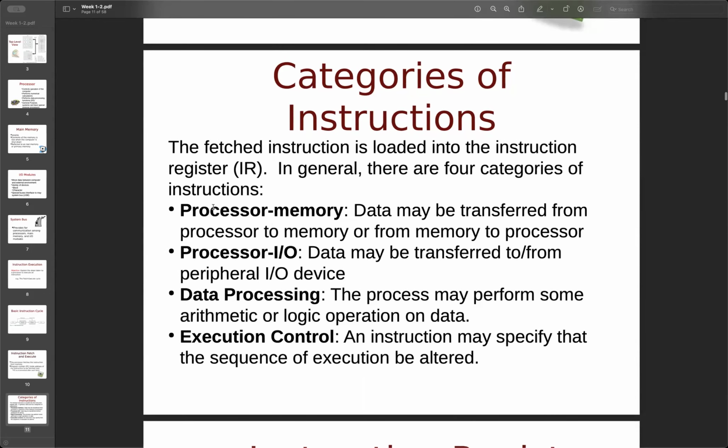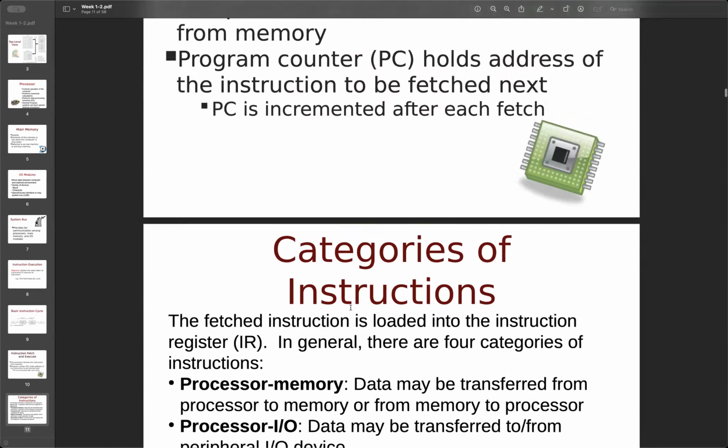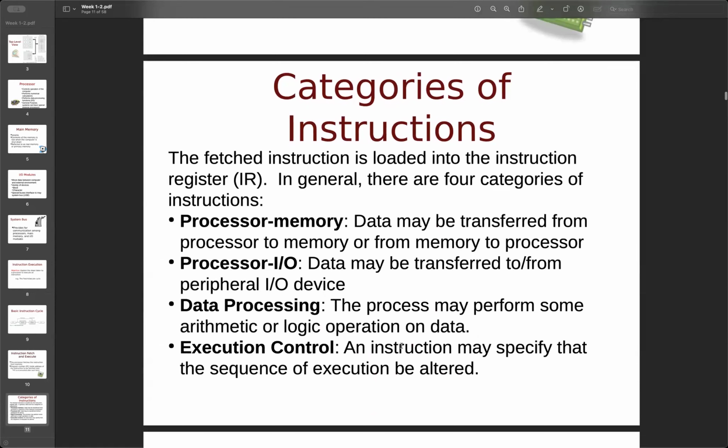Of course we need our processor, the CPU, and we will work with memory, transferring data between processor and memory. Second one, processor with I/O. And the last part is the data processing itself, which means we are working on the CPU, the processor. And also the execution control: an instruction may specify what the sequence of execution is, maybe changed.